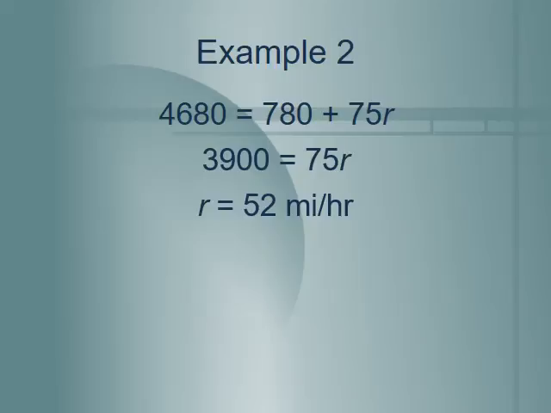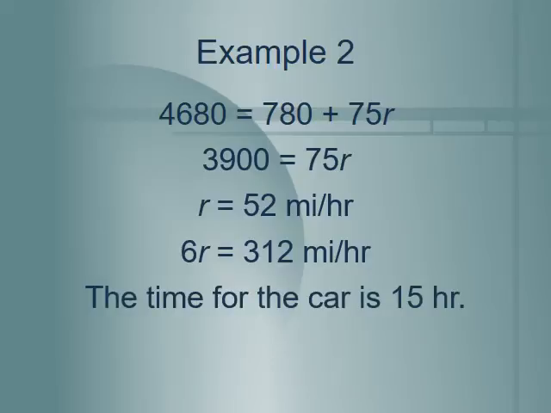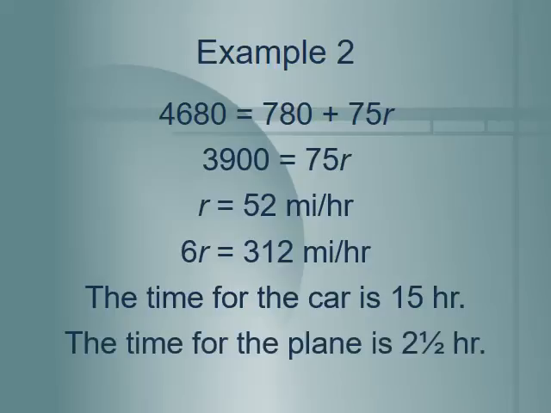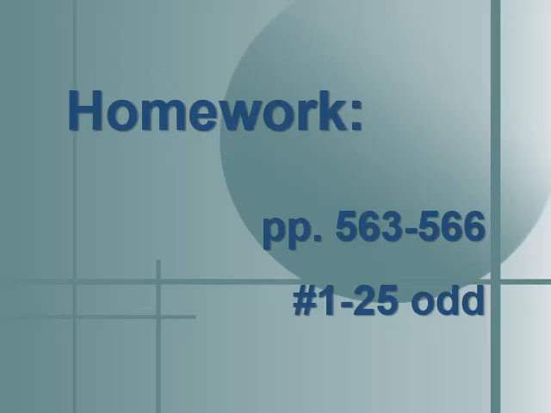So the car goes 52 miles per hour, and then our plane goes 312 miles per hour. And then if we want to convert that to figure out the time, it takes the car 15 hours and the plane 2.5 hours.